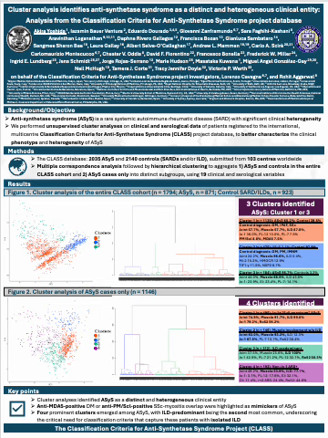We performed unsupervised cluster analysis on clinical and serological data of patients registered to the International Multicenter Classification Criteria for Antisynthetase Syndrome Project, CLASS Project database, to better characterize the clinical phenotype and heterogeneity of ASYS.